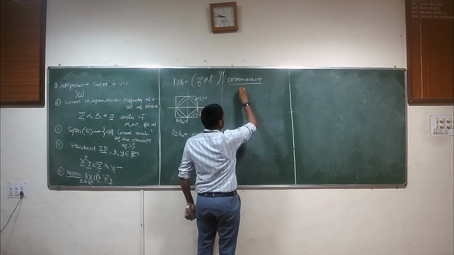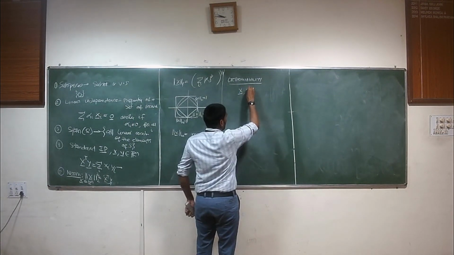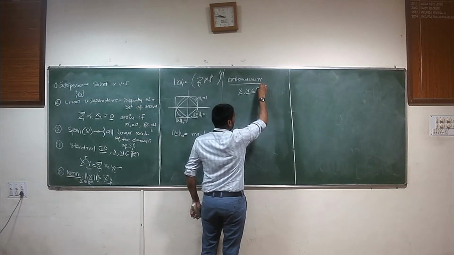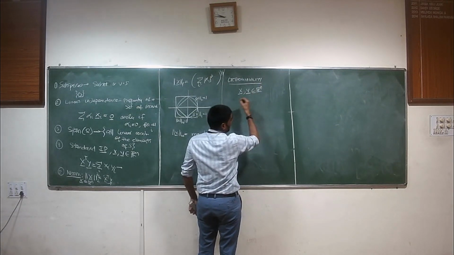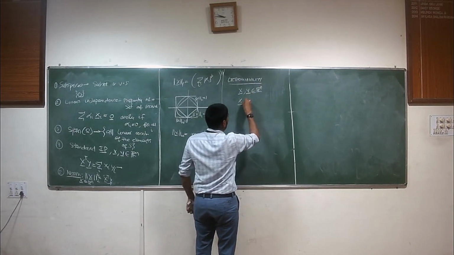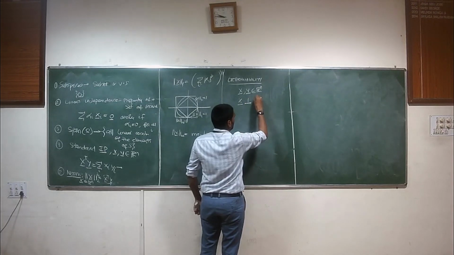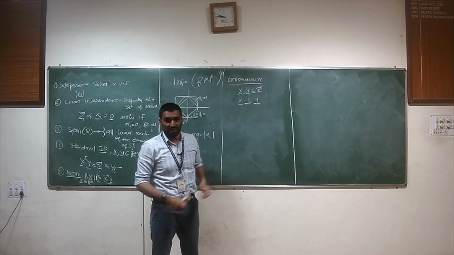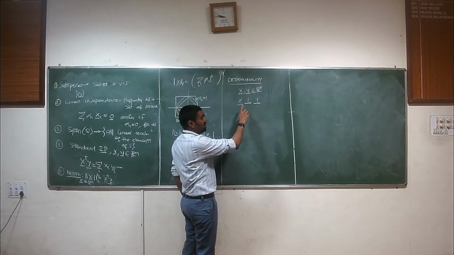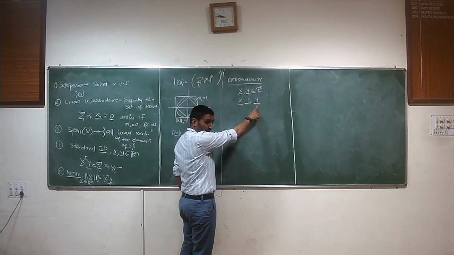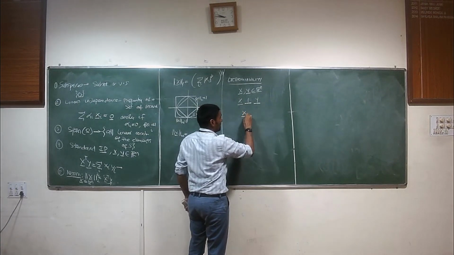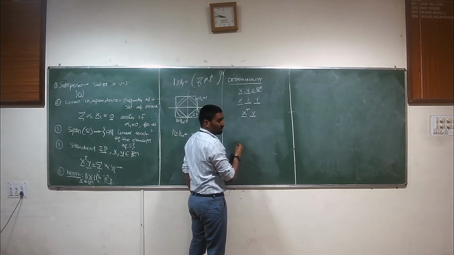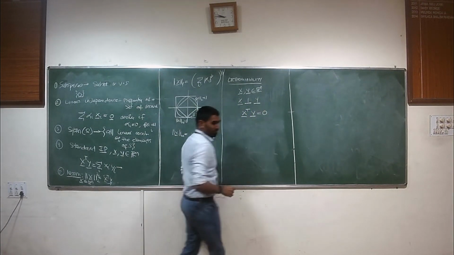So if you have two vectors x, comma y, for now we'll only talk about vectors in Rn. You say two vectors are orthogonal, or you express it like this: x perpendicular y. This means that the vector x is perpendicular to y. Okay, and the condition for a vector x to be perpendicular to y is very simple. The inner product between the two vectors should be equal to 0.